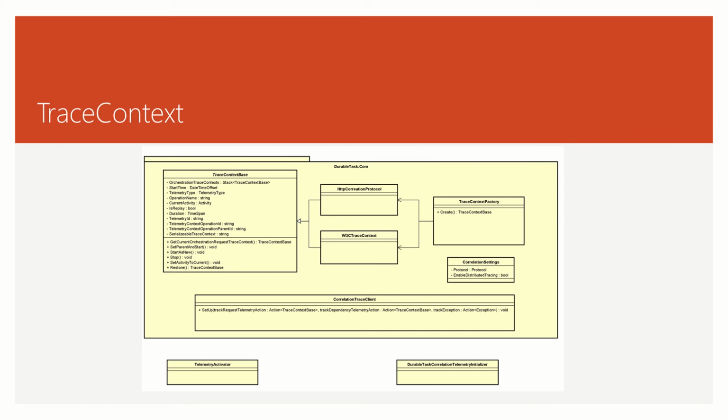This trace context also supports orchestration, even very complex orchestration. So let's see what the strategy looks like. At first, the TaskHubClient, the client of the orchestrator, which is an internal class inside the durable task.